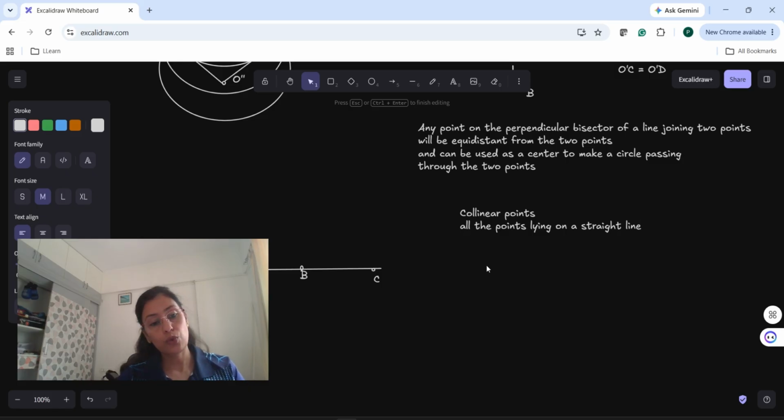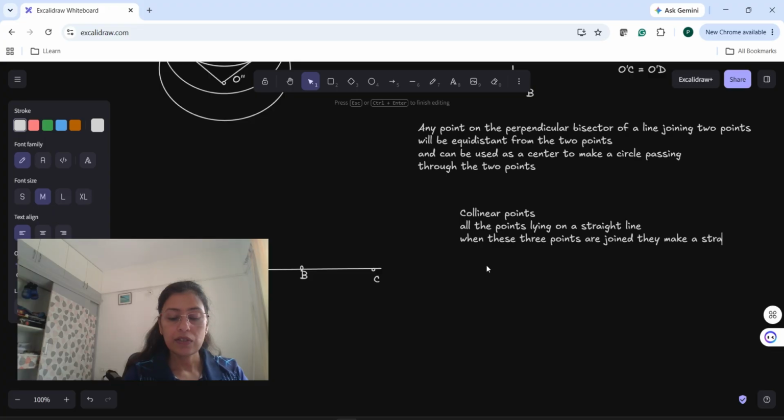Or you can also say that when these 3 points are joined, they make a straight line. Okay, so these are collinear points.